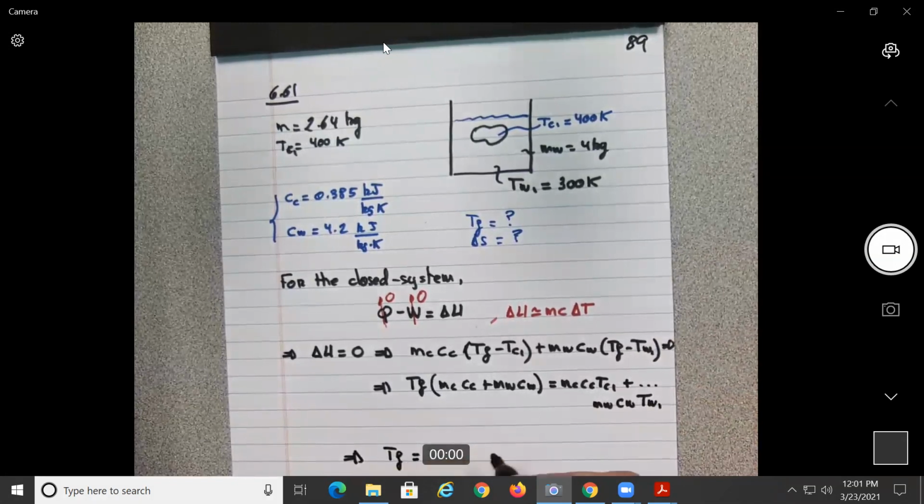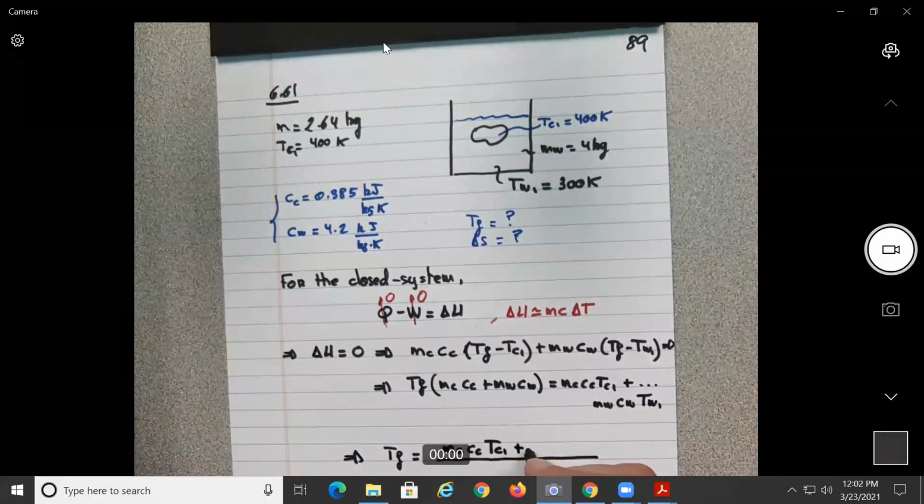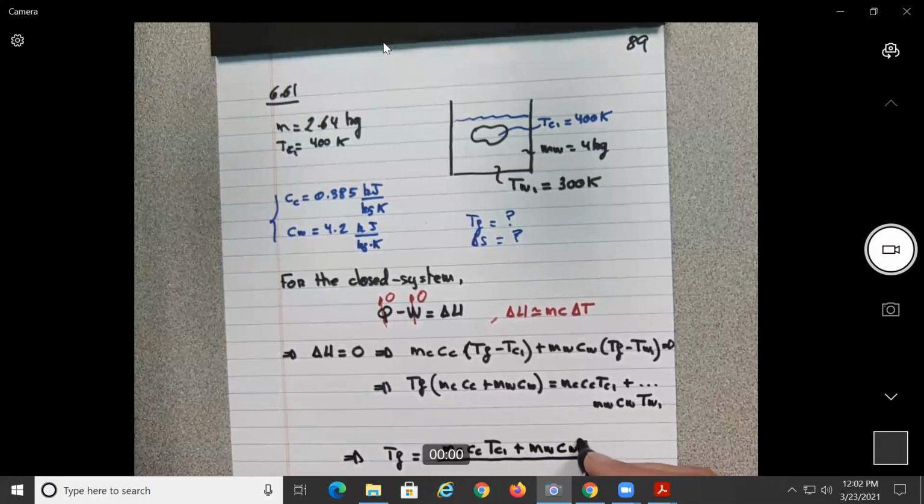The final temperature will be equal to M sub C, C sub C, T sub C1, plus M sub water, C sub water, T water sub 1, divided by M sub C, C sub C, plus M of water, C of water.